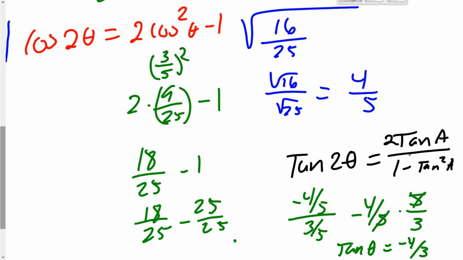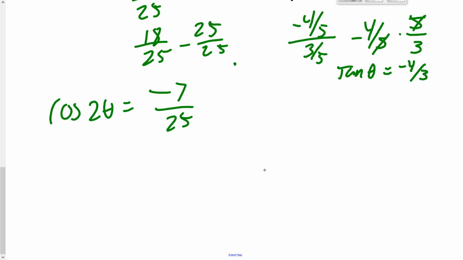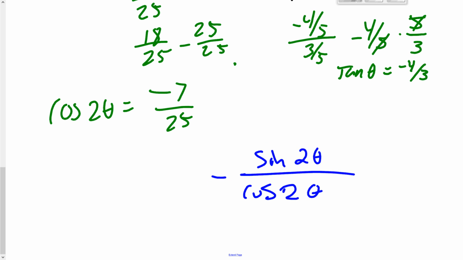And so then we can plug it into that formula. Well, we don't have to do that. You can do that. But we found cosine of 2 theta and sine of 2 theta, right? So we can use that. When we divide these, we know we get tan of 2 theta.